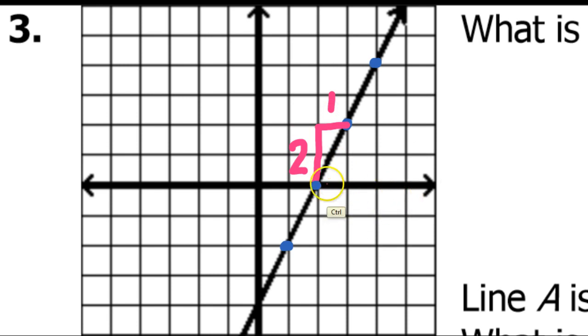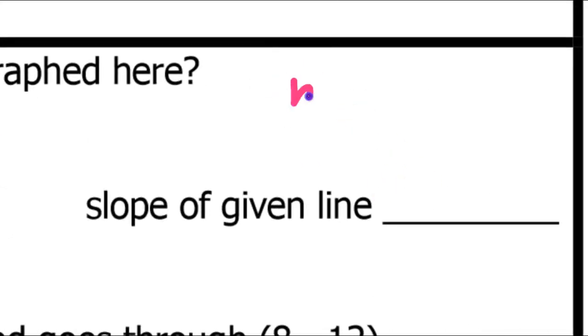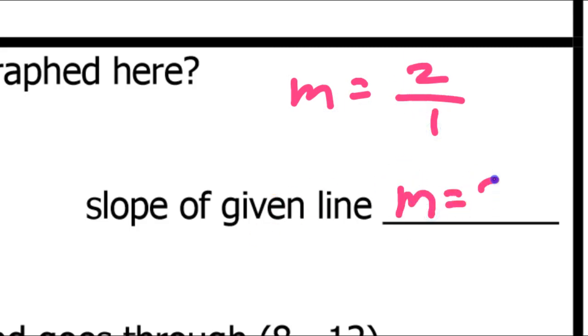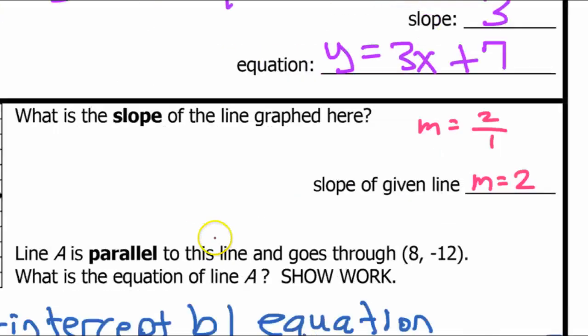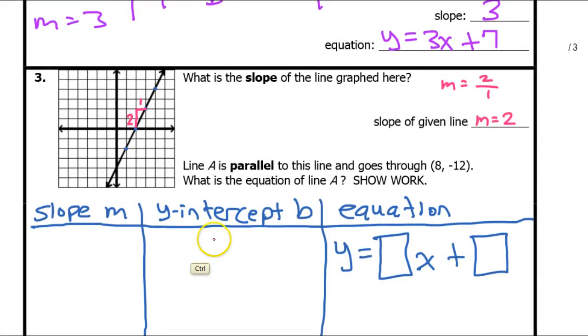So that tells me that the slope is 2 over 1, which really is just 2. So the slope of the given line is 2. Now, what does that have to do with the line that I'm trying to find the equation for?